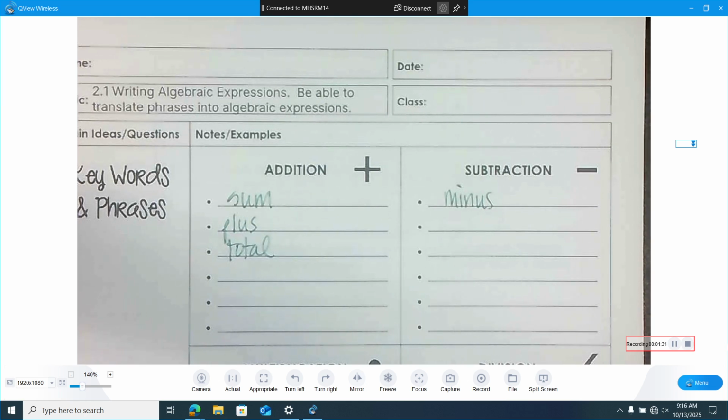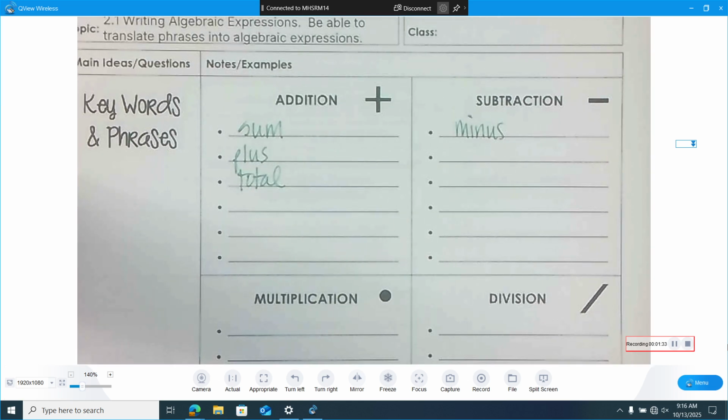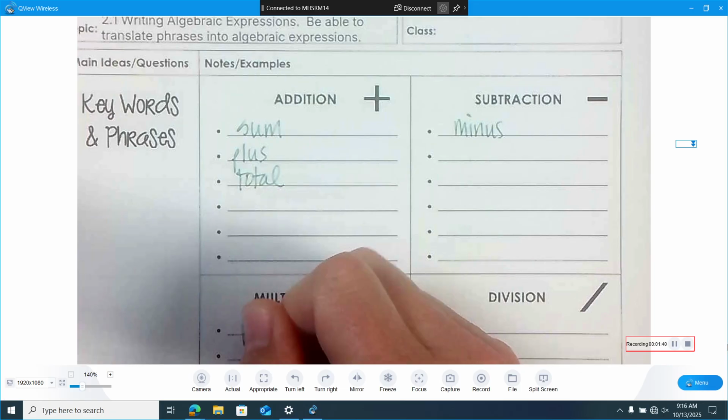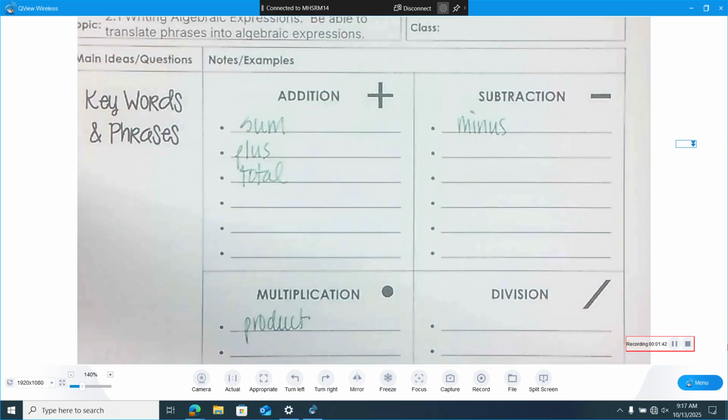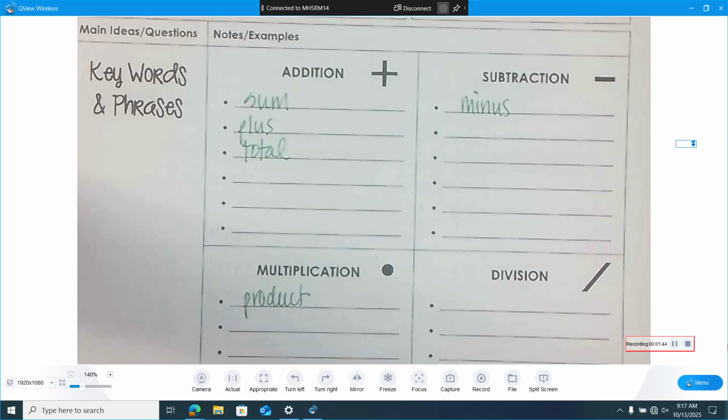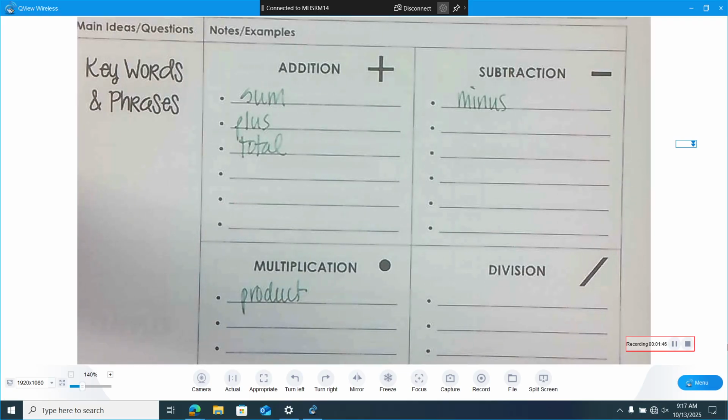What if I said, what is the product of 5 and 9? Multiplication, product, yeah. Product falls under multiplication. What if I said, what is the quotient of 6 and 2?